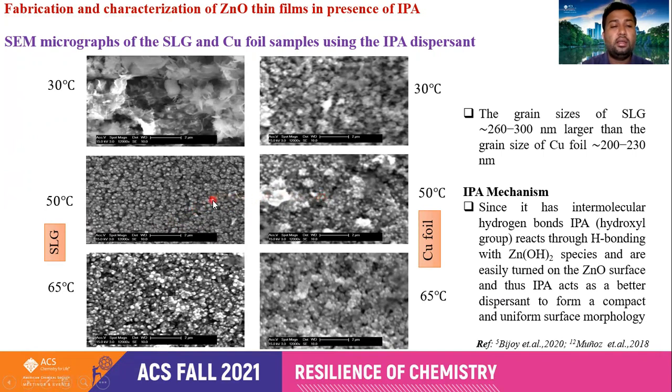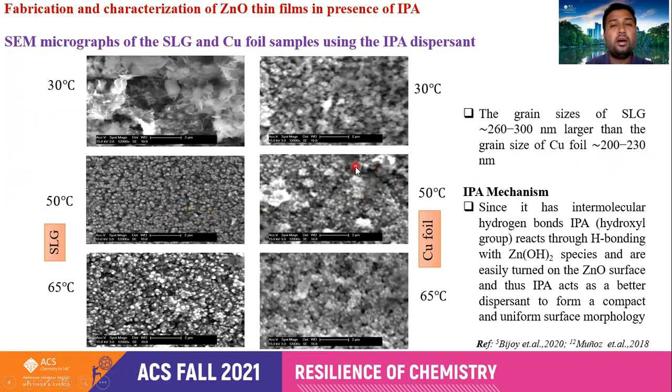The grain size for soda-lime glass substrates is around 260 to 300 nanometer, and it is 200 to 230 nanometer for copper foil samples. And we see that the grain size in the case of copper foil samples is less than that of glass substrates.